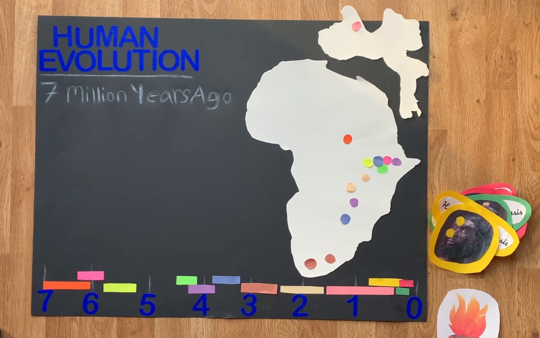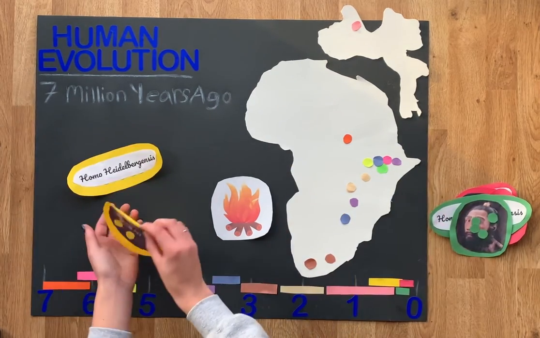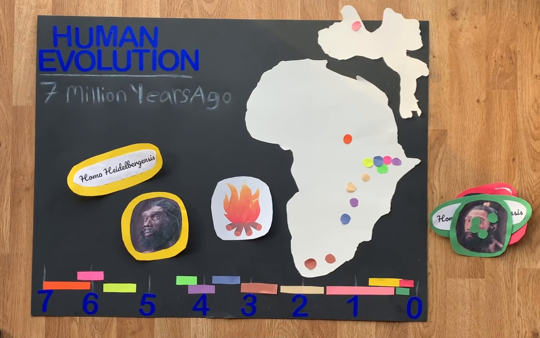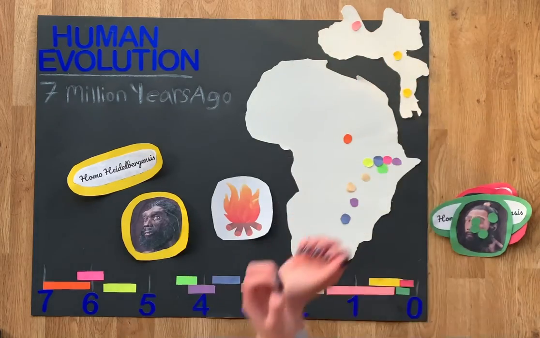By 800,000 years ago, advances in cooking were fueling further brain growth. This was produced by the Homo heidelbergensis, and they were in this range over here.